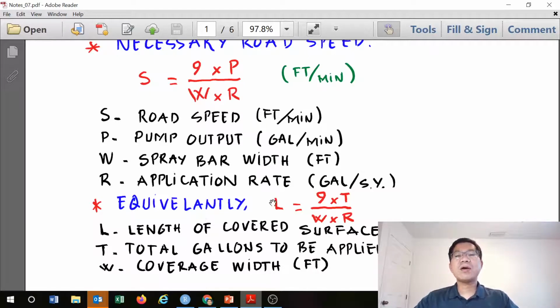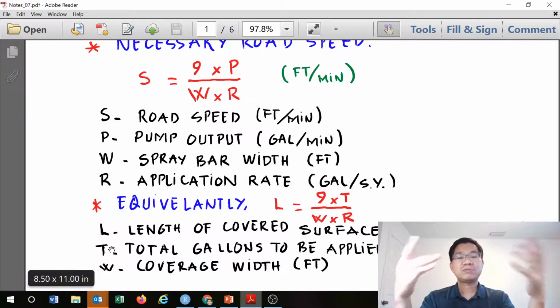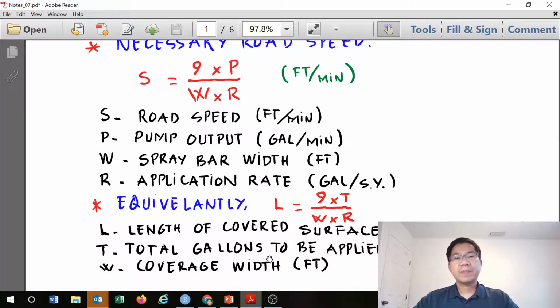So we have the equation L equals 9 times T over W lowercase times R, where 9 is the unit conversion, and R is still the application rate in gallons per square yard. T is the total gallons to be applied, normally how much the asphalt distributor carries, and W lowercase is the coverage width. It can come from the equipment itself, the spray bar width, but sometimes you have to change it.